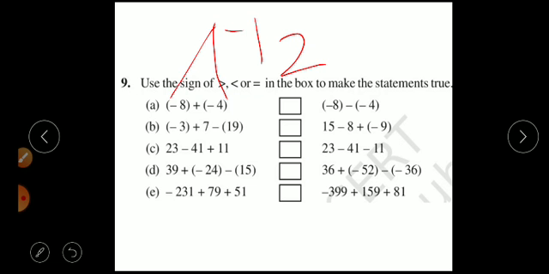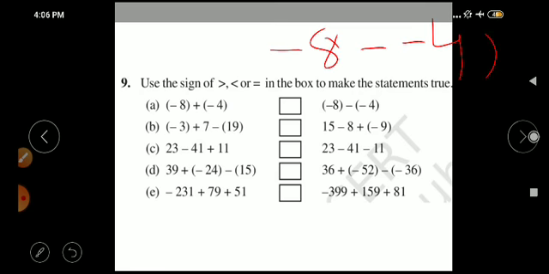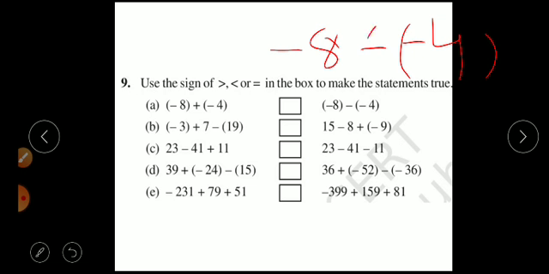Now this -12, and when the two negative integers are subtracted, -8 minus 4, -8 and this -4. Now this minus will become a plus sign, here -8 and here +4.